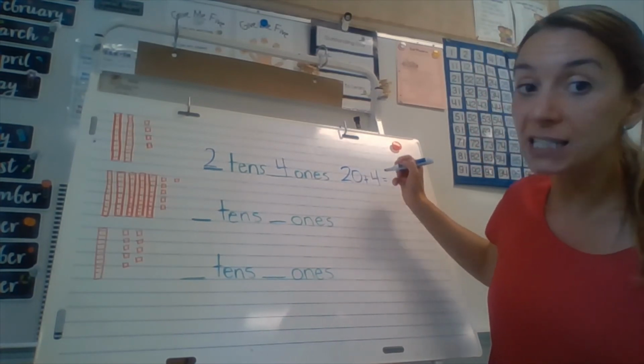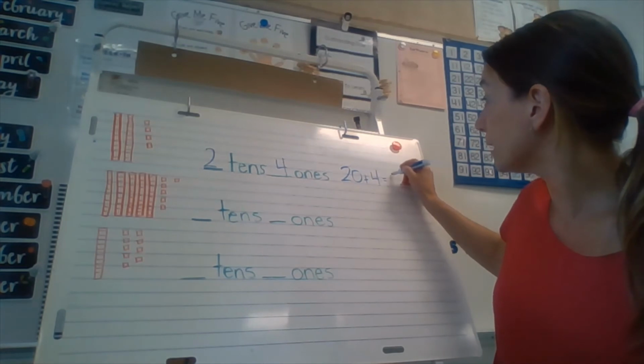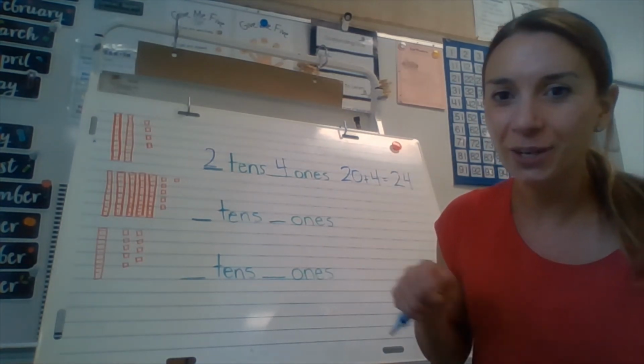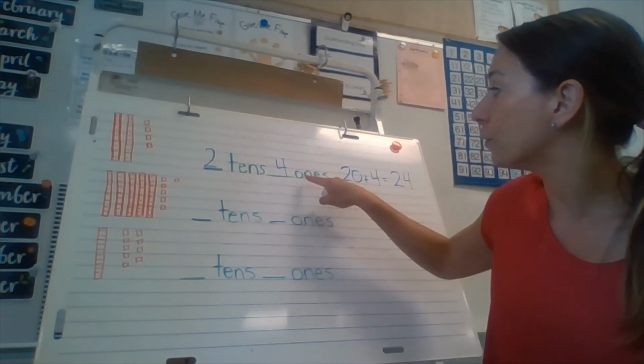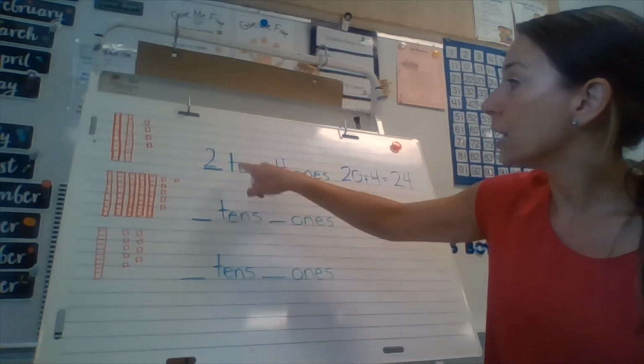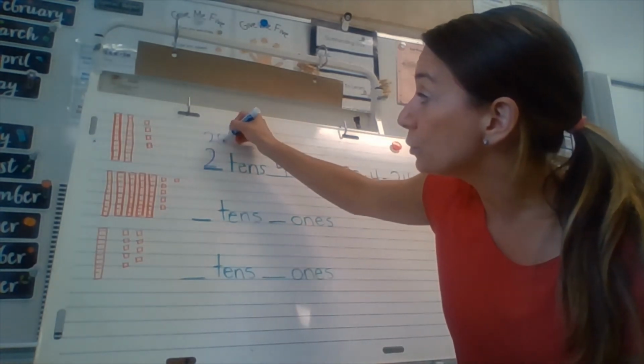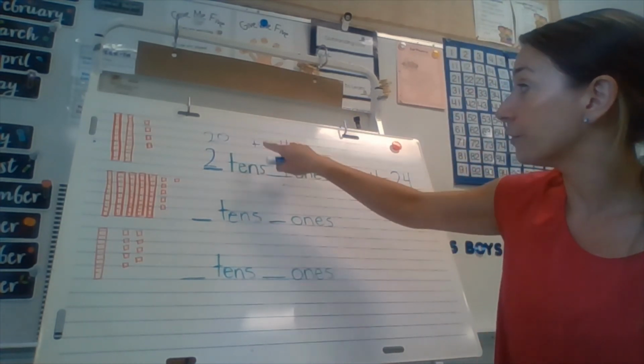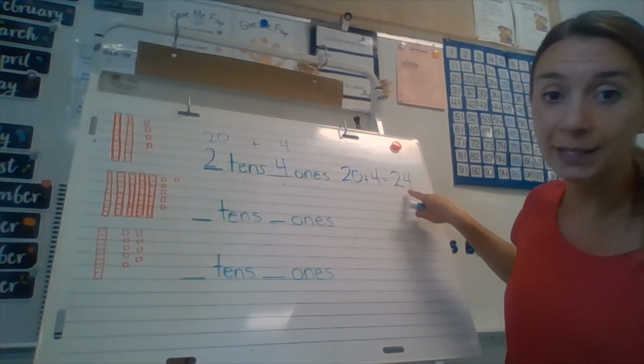So we're writing the expanded form right now. So it really equals 24. Okay, so did you get that? So 2 10s and 4 1s is 24. 2 10s just equals 20. 4 1s is just 4. Right? So that's what I did. 20 plus 4 is 24.